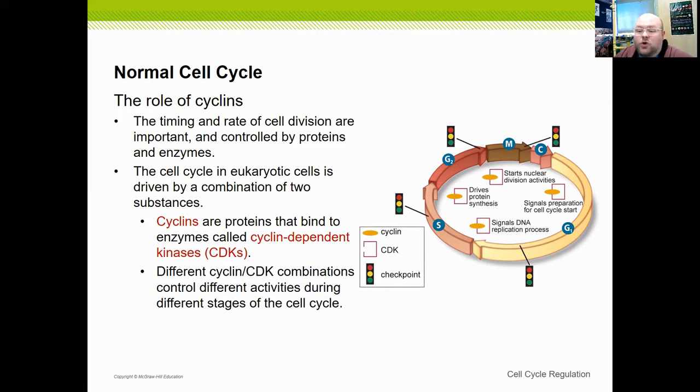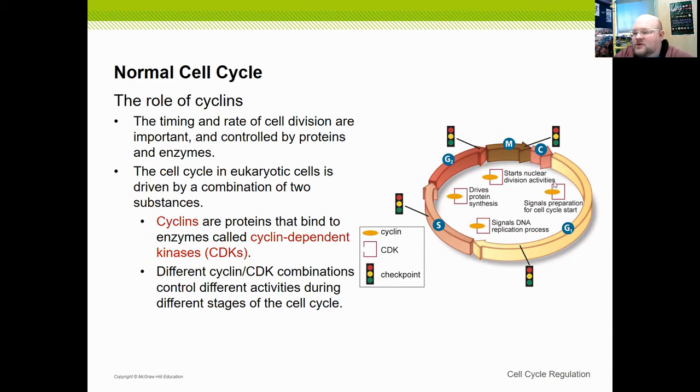The cell cycle in eukaryotic cells, so our cells, plant cells, animal cells, it's driven by a combination of 2 different substances. Cyclins, which are proteins that bind to enzymes called cyclin-dependent kinases or CDKs. And then these different cyclin/CDK combinations control different activities during different stages of the cell cycle.